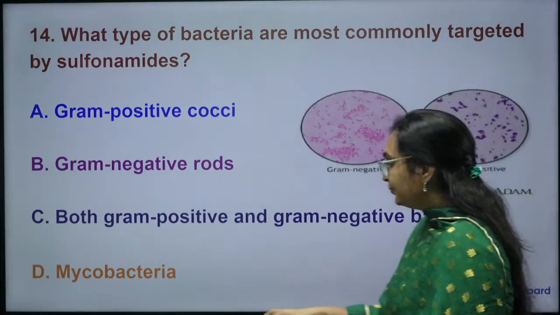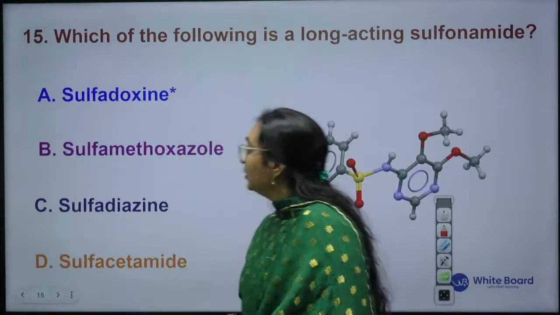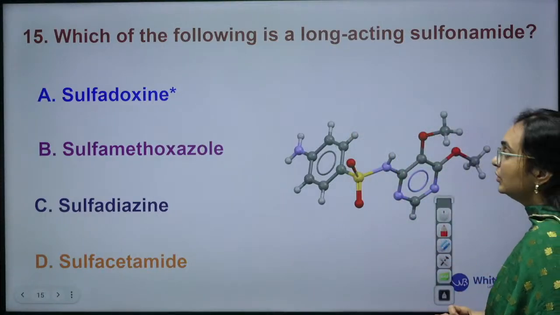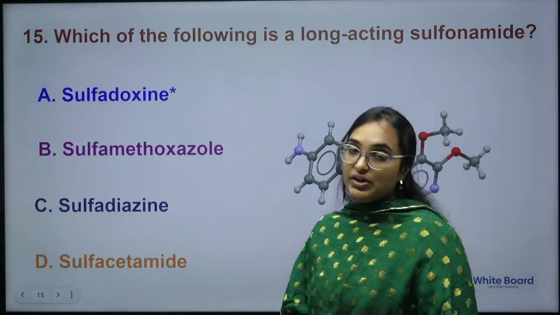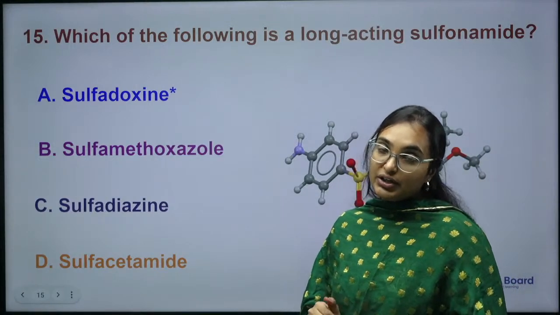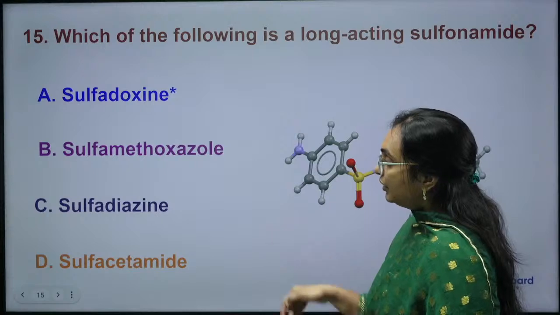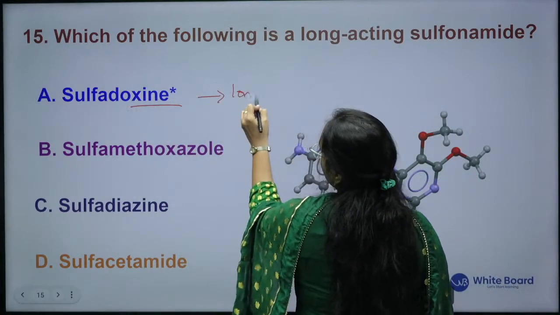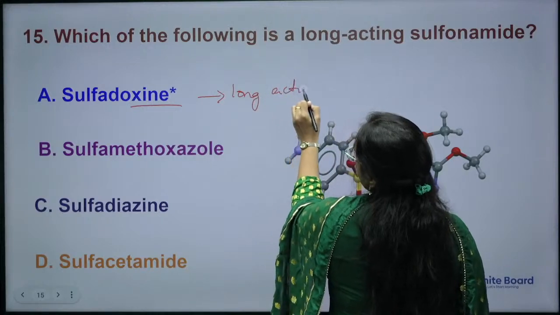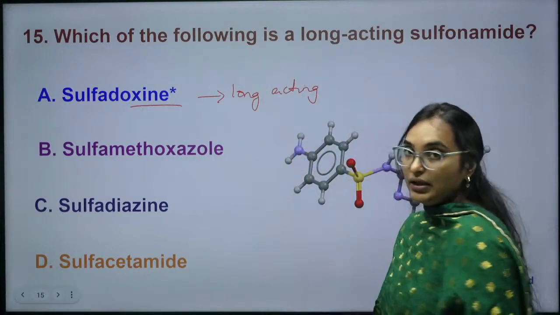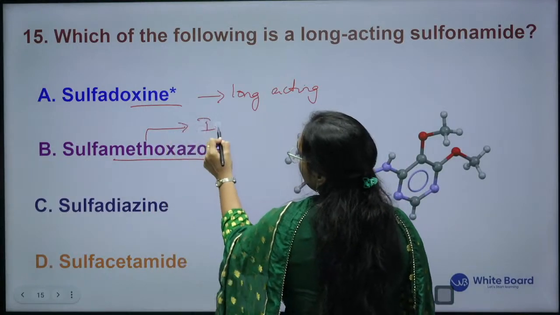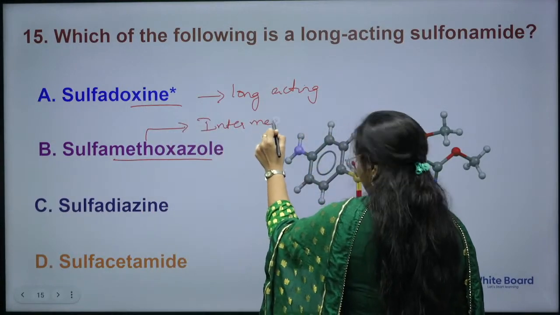Next question. Which of the following is a long acting sulfonamide? So you have to go through the sulfonamide classification: long acting, short acting, intermediate acting. Sulfadoxine is an example of a long acting sulfonamide. Sulfamethoxazole is an example of an intermediate acting sulfonamide.